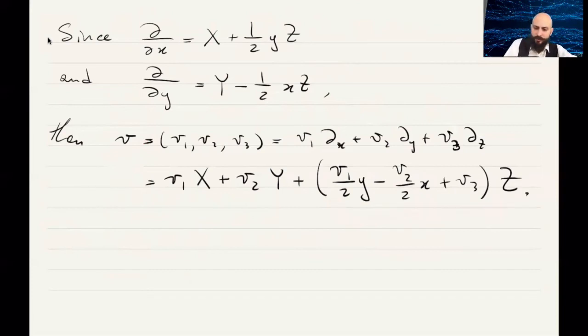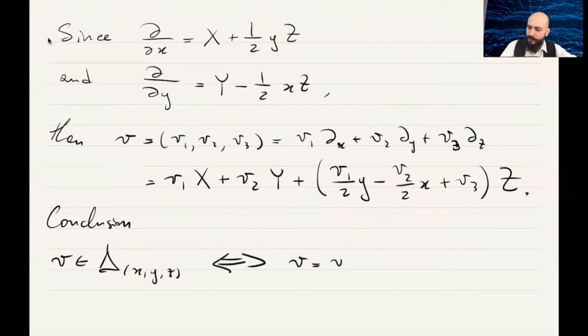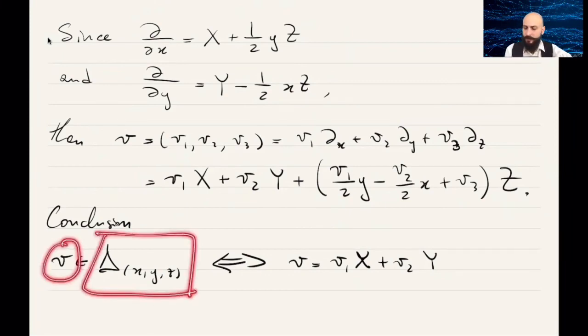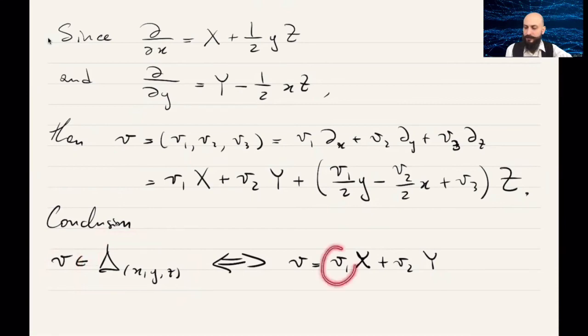So conclusion: V is in delta x, y, z if and only if V is equal to v1 X plus v2 Y. In other words, it's in the frame given by X and Y. Moreover, when V is in this plane field, then the length of it is exactly the Euclidean length of the vector v1, v2.